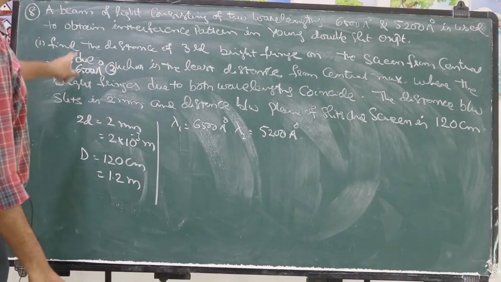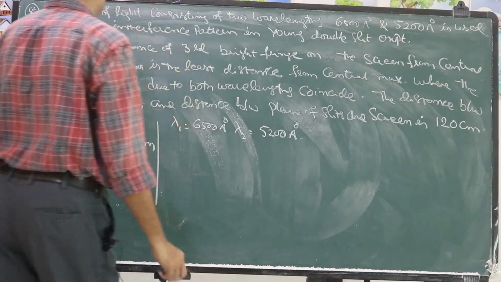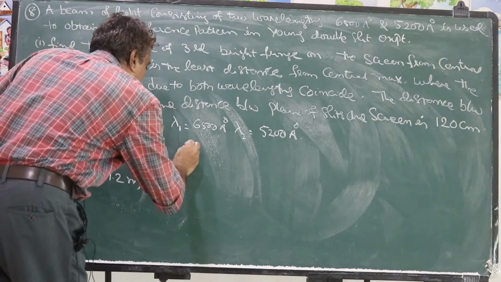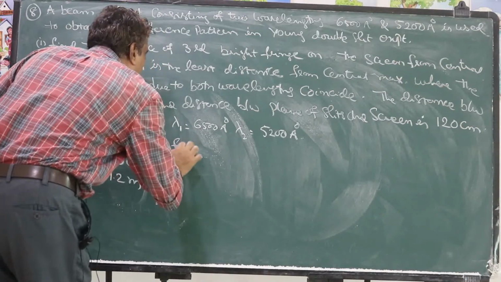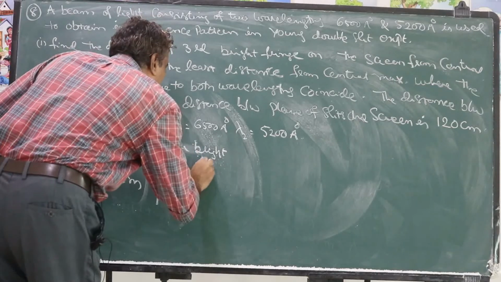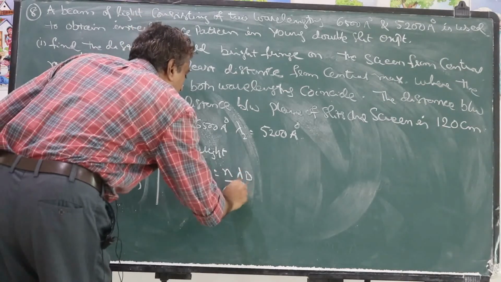Now first you have to find the distance of third bright fringe from the central maximum due to the wavelength lambda 1. That means you have the condition for bright fringe: xn is equal to n lambda D by 2d.